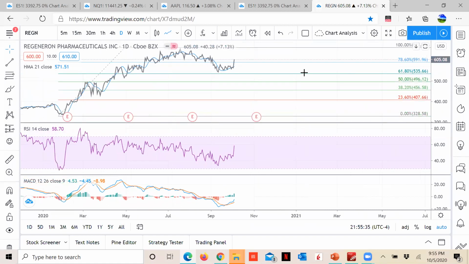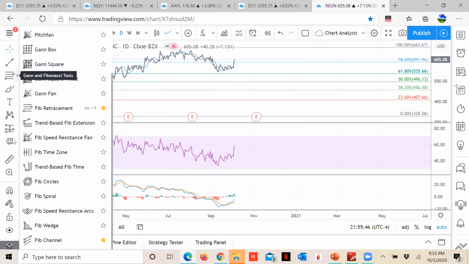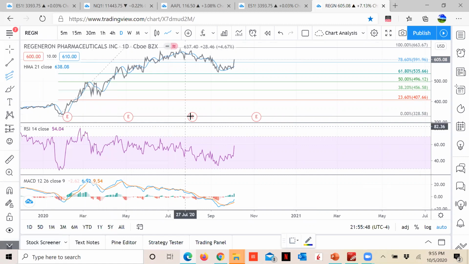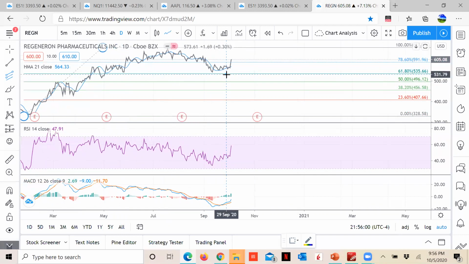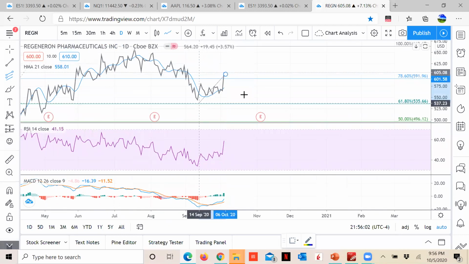If you want a better understanding of this, you can even create a Fibonacci channel. So if you look at this, this is one trending line. Then it was trending this way. Then it's trending here, right?